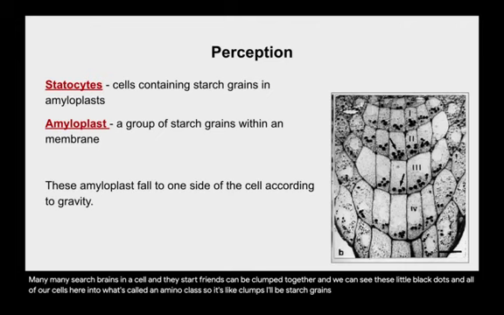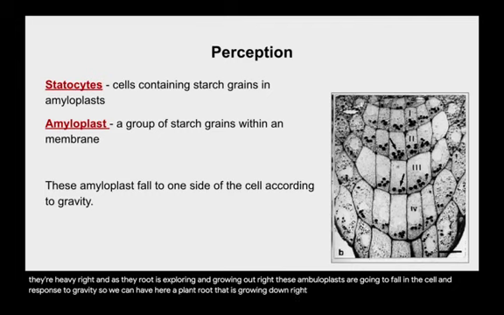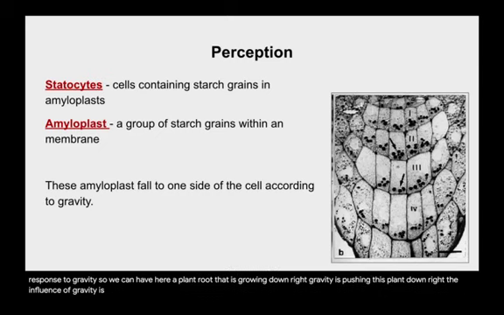Now, when a plant is growing, these amyloplasts are heavy. And as the root is exploring and growing out, these amyloplasts are going to fall in the cell in response to gravity. So we have here a plant root that is growing down. Gravity is pushing this plant down; the influence of gravity is coming from the top.